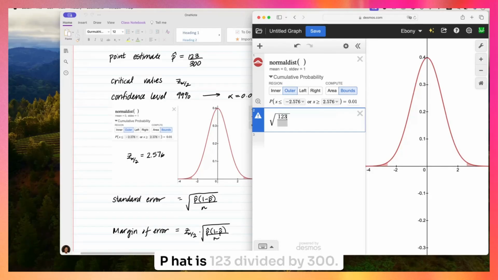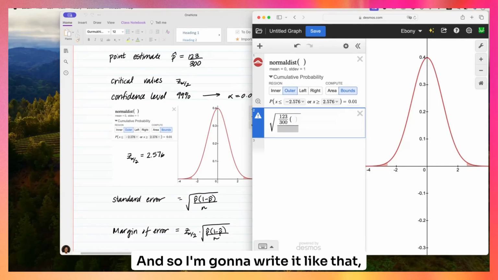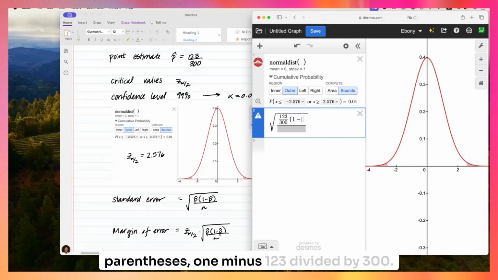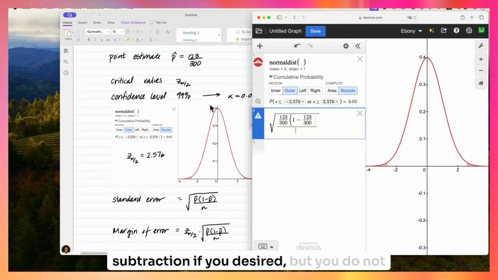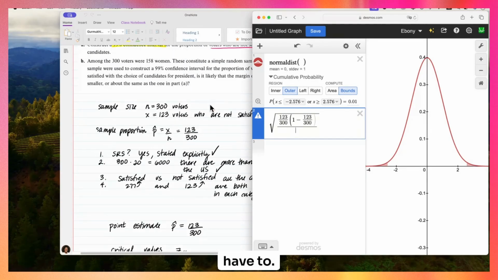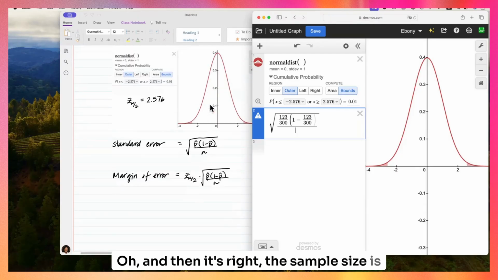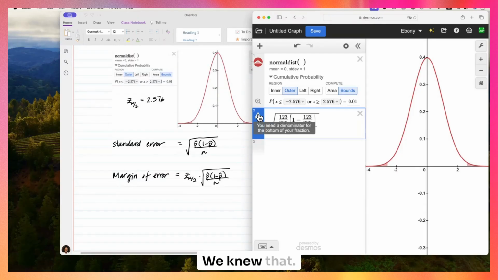P hat is 123 divided by 300. And so I'm going to write it like that, parentheses 1 minus 123 divided by 300. You could also right there put in 277 divided by 300 and do the subtraction if you desired, but you do not have to. Oh, and that's right, the sample size is 300. We knew that.